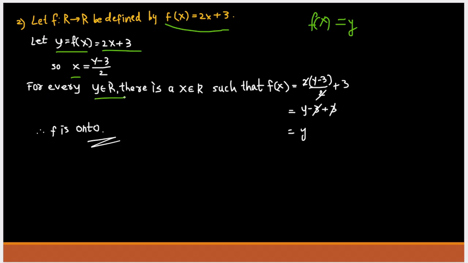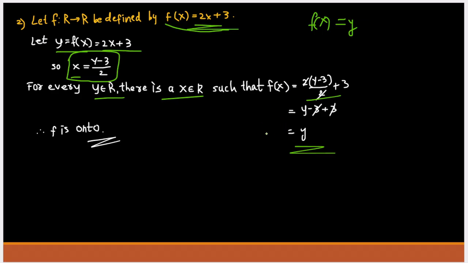For every y belongs to R, there is an x belongs to R. This is the definition of an onto function. Such that we can say that f of x equals, substituting this x value in the given f of x expression, 2 gets cancelled, y minus 3 plus 3, minus 3 plus 3 gets cancelled, and we are left with y.